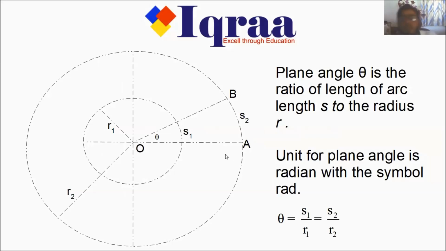In both cases, the angle theta is defined as arc length divided by radius. So for the smaller circle, the ratio will be s1 upon r1, and for the bigger circle, the ratio will be s2 upon r2, because it's the angle between the same lines OA and OB. So the angle theta is the same: theta is equal to s1 upon r1, which is equal to s2 upon r2.